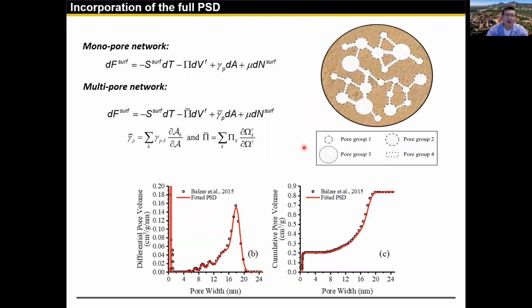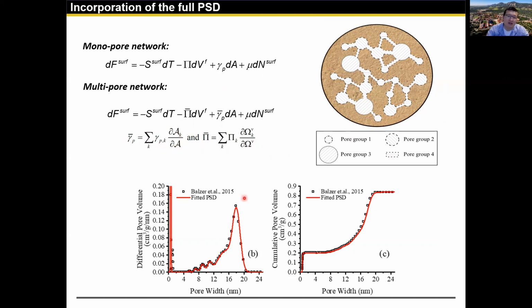And to improve the model, we consider the full pore network. So the pore network is now made of many different groups, each group with a unique size. Then the surface free energy is updated to this expression, which essentially replaces the regular surface force terms with their smeared ones, averaged with respect to, weighted with respect to the area or volume.